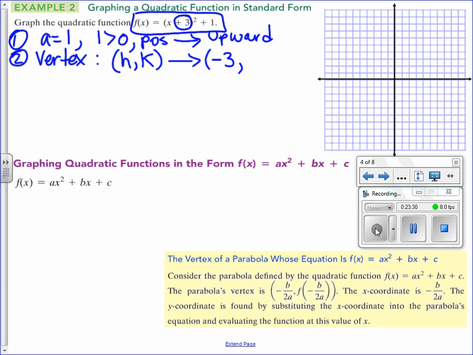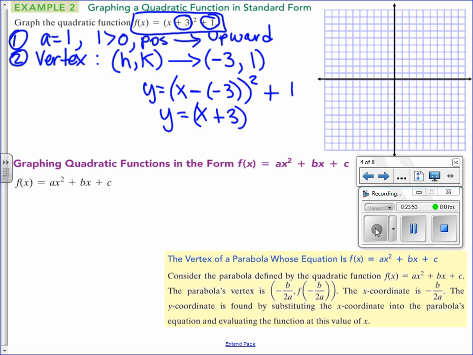For the y-coordinate of the vertex, it will be the same number that you see there, and that is a +1. Now, if you're still not sure why, keep in mind that the standard form has that negative in it, and so if we have negative times -3, that is how the function has the (x plus 3) squared. So that still means that the coordinate for h will be -3. All right?